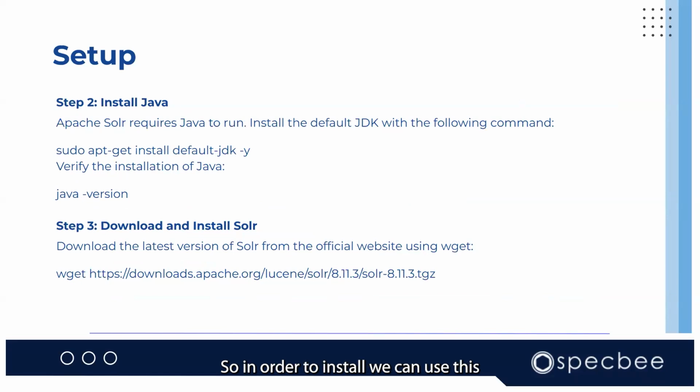In order to install it, we can use sudo apt get install default JDK to install the Java development kit. And next is downloading Solr. For that, we can use the wget command. I won't be running these commands because I have already downloaded this.